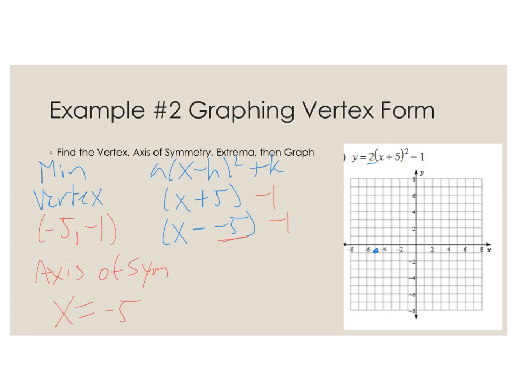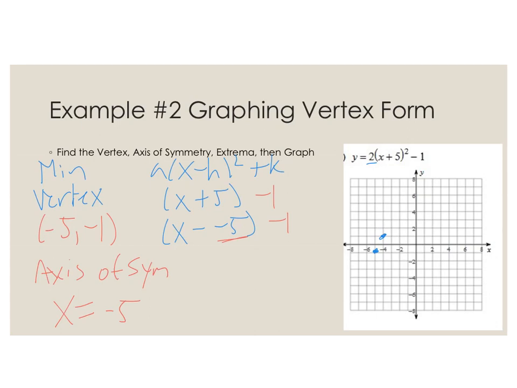Now we can check our point. I can see if (-5, -1) is a point. If I scroll up, I can see that where x is -5, y is -1. We're good. I need to plot 4 more points. I can do the symmetrical points, so one on one side, one on the other, and get done. So my next point I'm going to graph is (-4, 1).